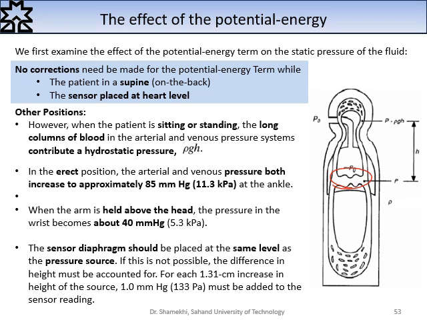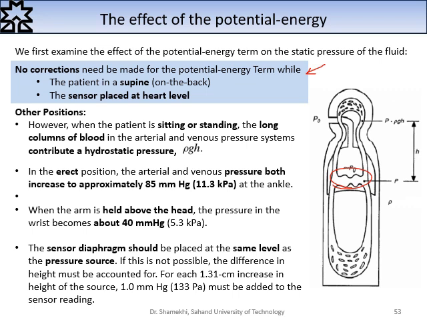No corrections need be made for the potential energy term while the patient is in a supine situation, or lying on the back. Also, if the sensor is placed at heart level, we don't need any correction, because the sensing location is at the level of the heart.